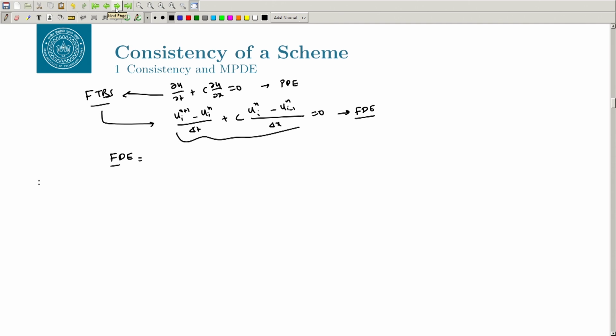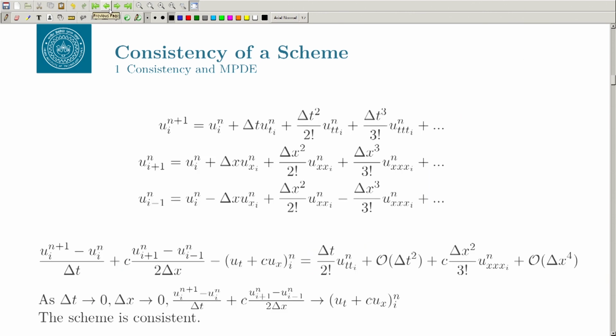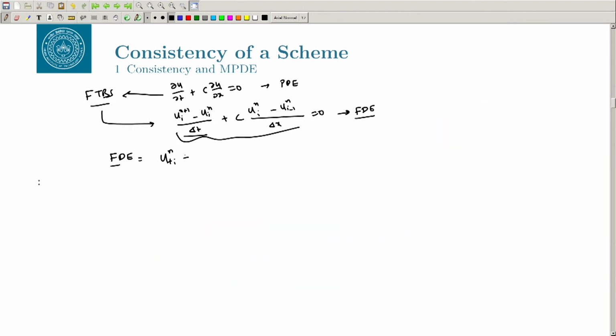The first term will be the same as the FTCS, that will be u t i n, plus delta t u t t i n and plus all other terms, and plus c times u i minus 1 n.